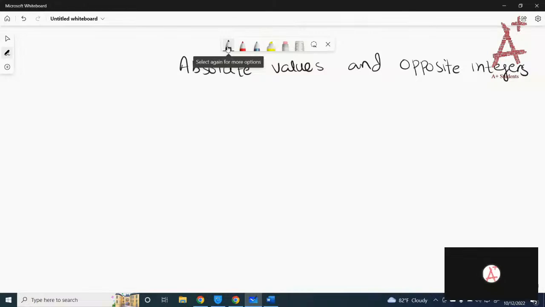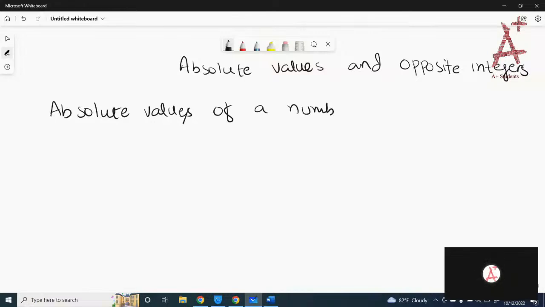Absolute value of a number is its distance from 0.